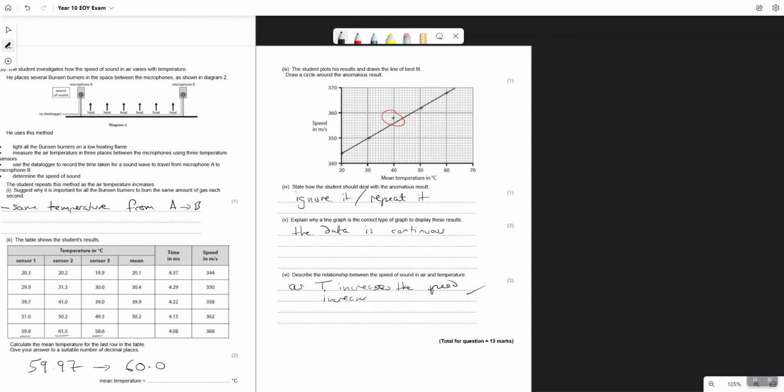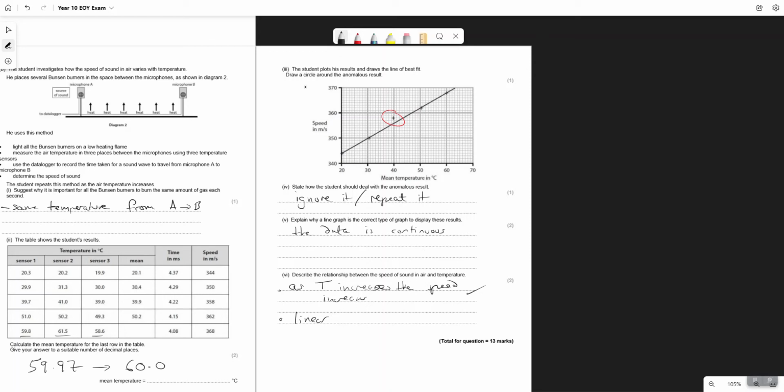But this is a 2-mark question. So what else can we say? The relationship is linear. People were a bit vague when they said it goes up evenly or it goes up at a continuous rate. A second point was not added too much, but you are off that.